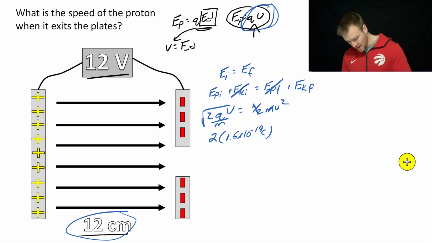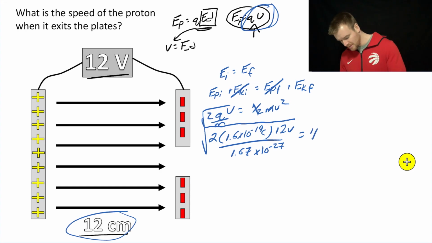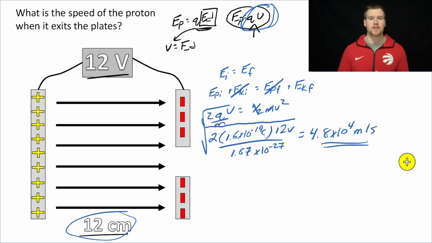So let's take that charge and times by 2, then times by our volts, 12 volts, divide by the mass of a proton, which is 1.67 times 10 to the negative 27. Then I'm going to square root that whole term. I'm getting a number that rounds to 4.8 times 10 to the 4 meters per second. All right, so conversion from potential energy into kinetic.